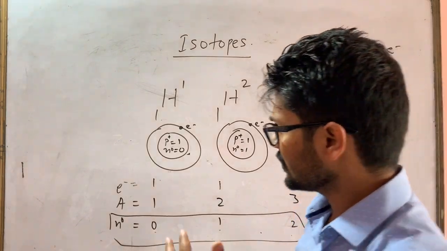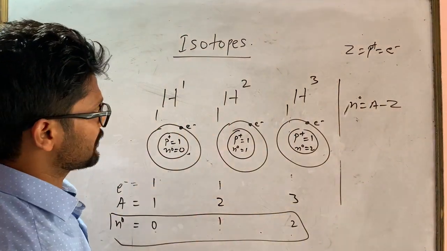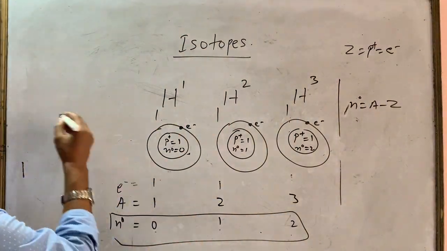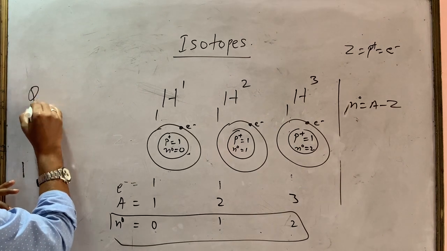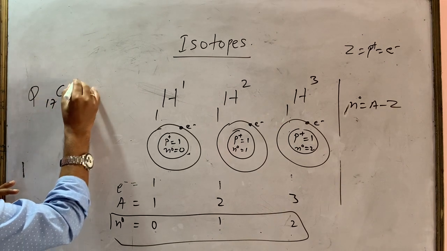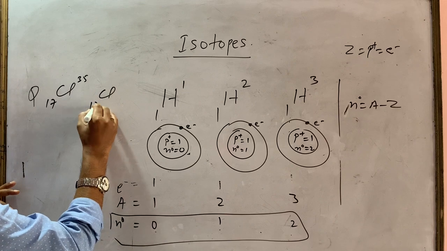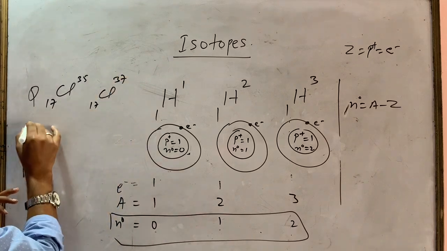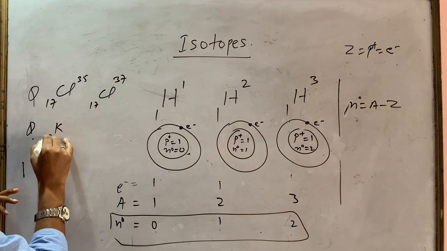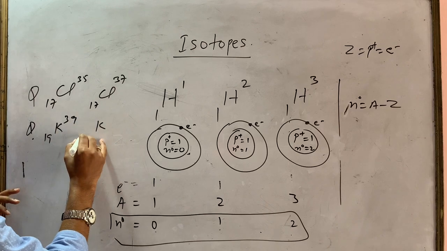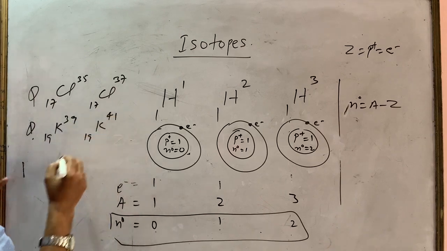Got it? Now there are more examples of isotopes you can practice, like chlorine-35 (atomic number 17) and chlorine-37.